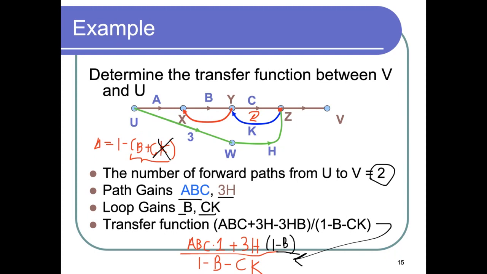So it is the same as the determinant, but this path is touching the CK loop. So I have to remove the CK part of the determinant, and the cofactor is 1 minus B. And this is the transfer function of the system. And you will see that it's exactly this expression.